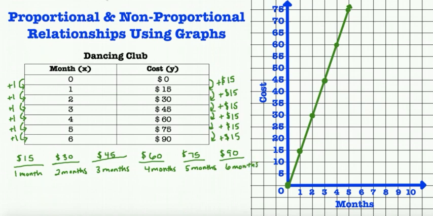Okay, so here if we simplify our rates, $15 for 1 month, that's completely simplified, that's our unit rate.